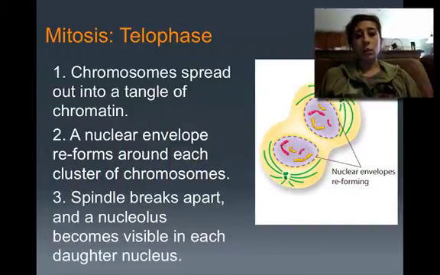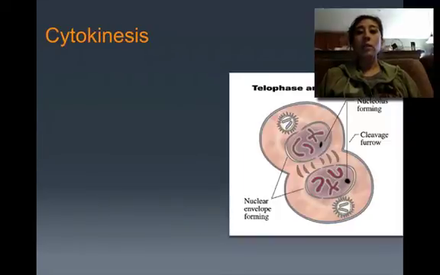We see the spindles break apart. The nucleolus then becomes visible again, and we begin to see two daughter cells that are pretty much the same. They may have a little bit more genetic variation, which we'll talk about later, but we begin to see two cells form.